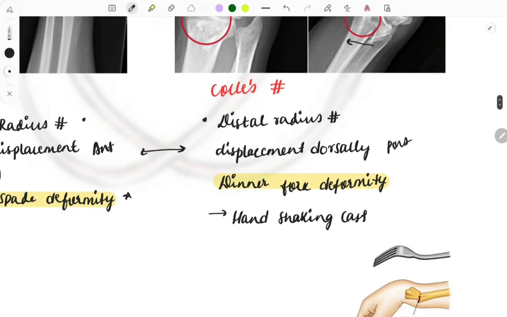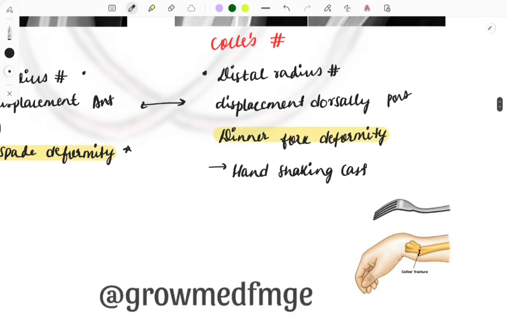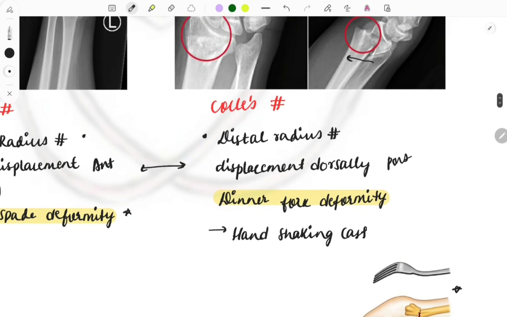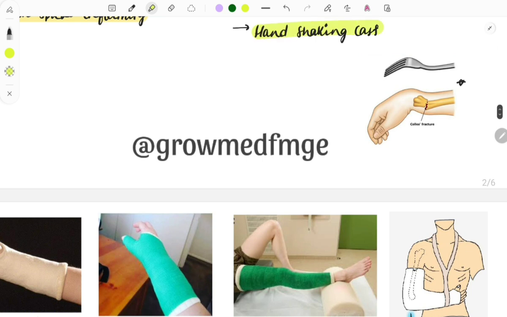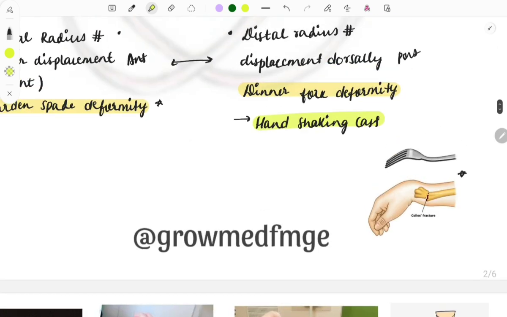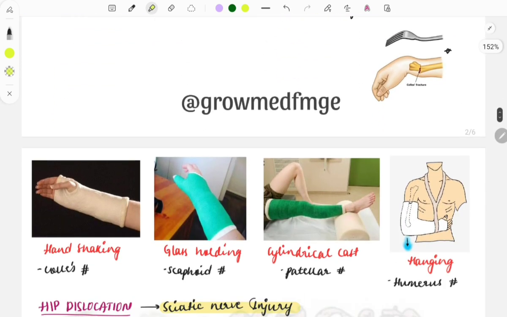This gives a very famous deformity called the dinner fork deformity. As you can see, the hand looks like a dinner fork. This is also a PYQ, and the cast used to treat the Colles fracture is the hand shaking cast. An image based question has been asked on this cast too. We'll discuss those now.